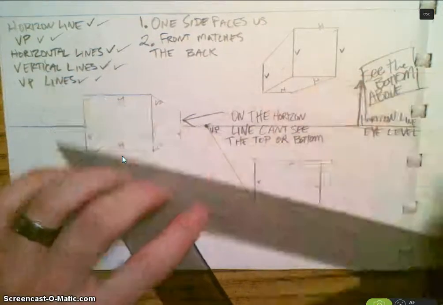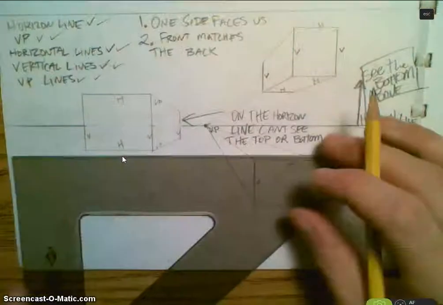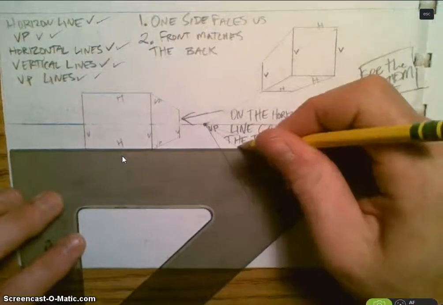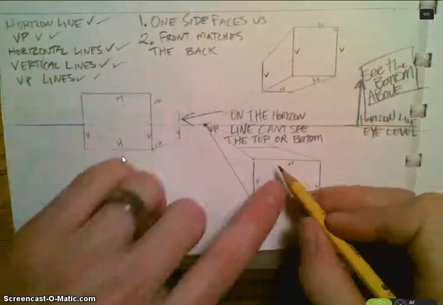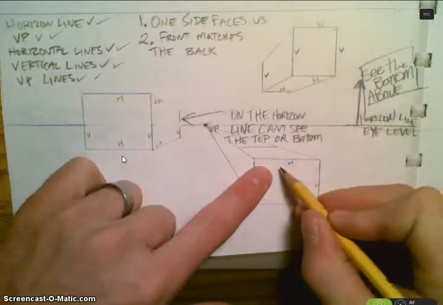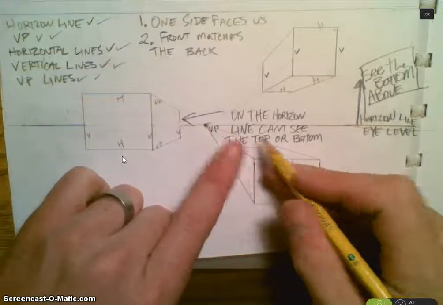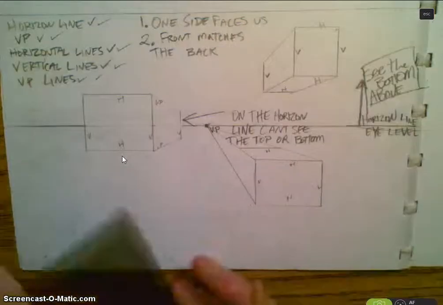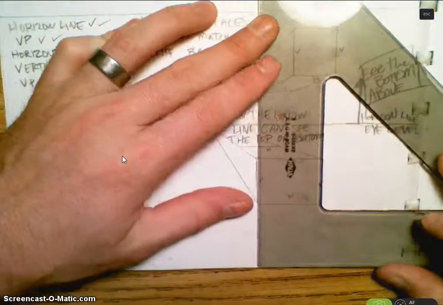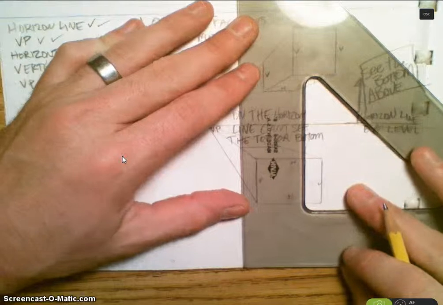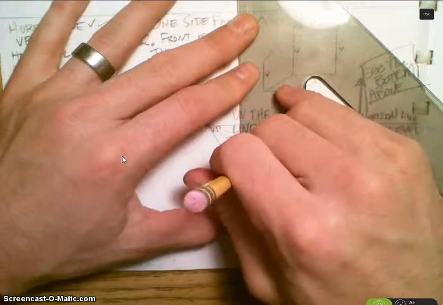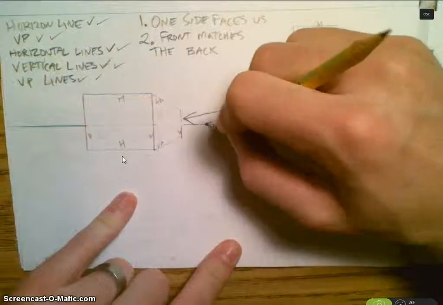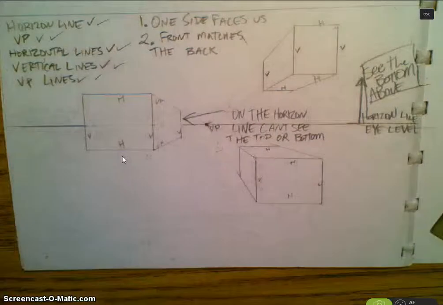And go ahead and do this whole box on your own. Whole thing. So to remember, the front side matches the back. If I have a horizontal line on my vanishing point line, I need a horizontal line at the back. If the front side has a vertical line, the back side needs a vertical line. And then I erase the leftovers.